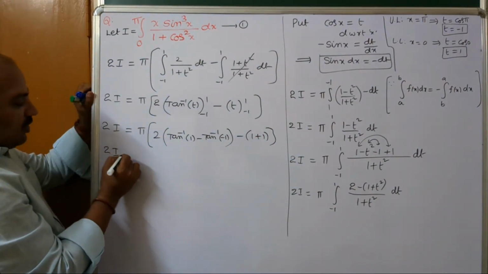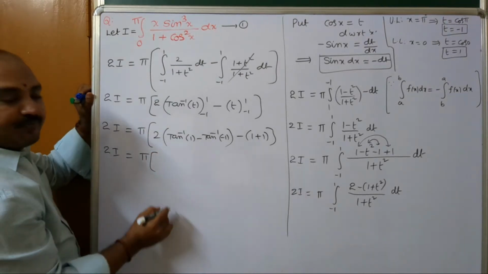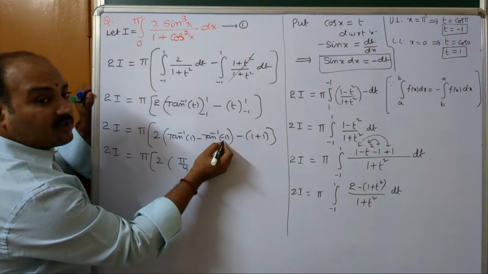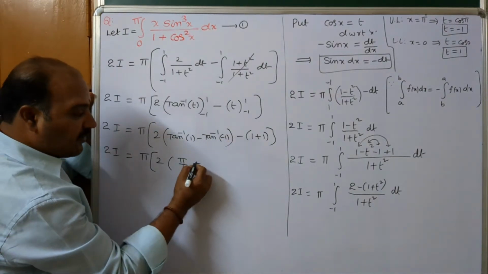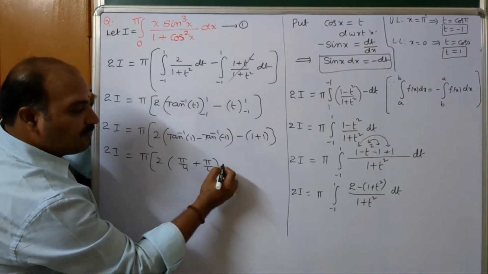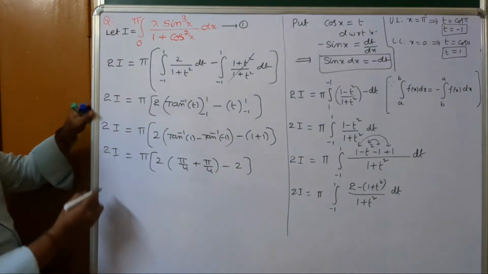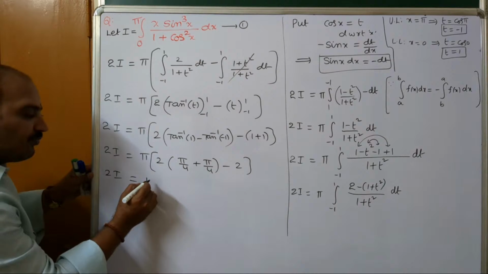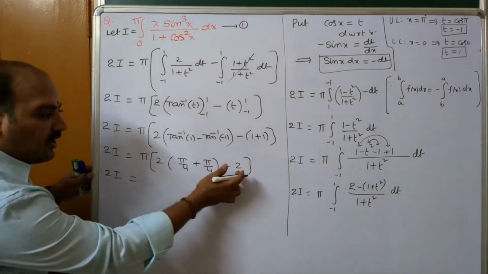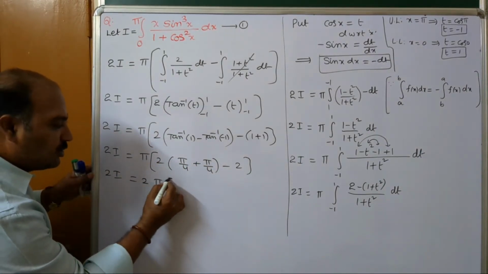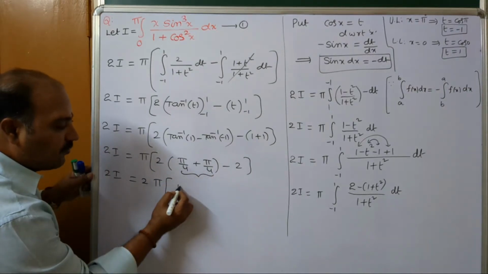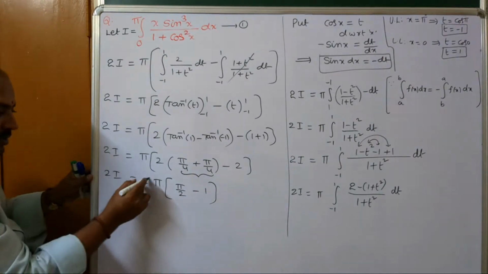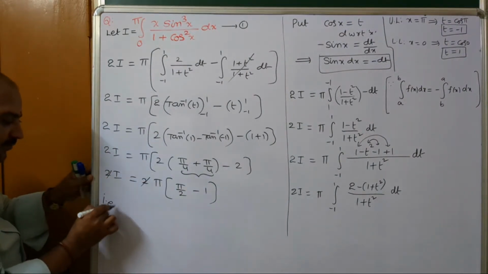So 2I equal to pi into 2 into tan inverse of 1 pi by 4, tan inverse of -1 minus pi by 4, minus of minus plus pi by 4, minus 2. So 2 take common from every term. So 2I equal to 2 take common, pi into pi by 4 plus pi by 4, pi by 2, minus 1 we are taking common. 2 to get cancelled, that is I means what?